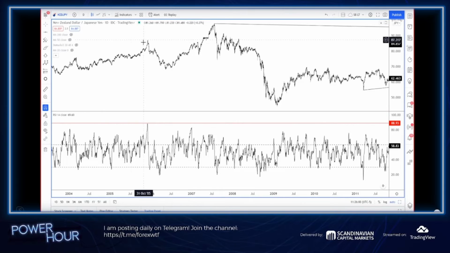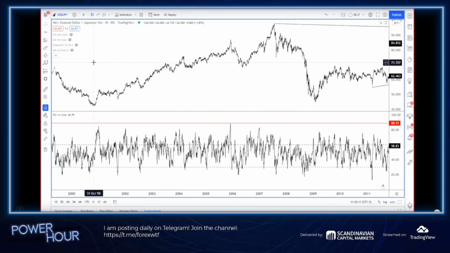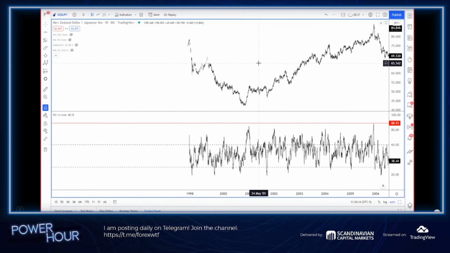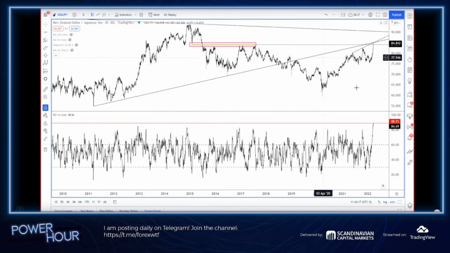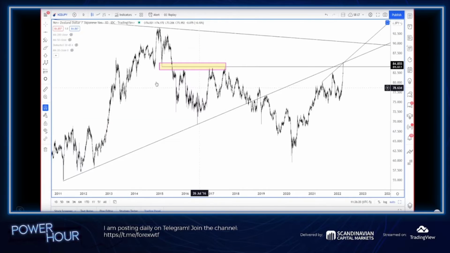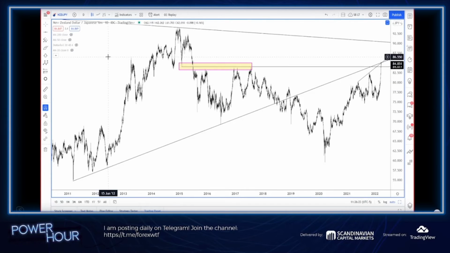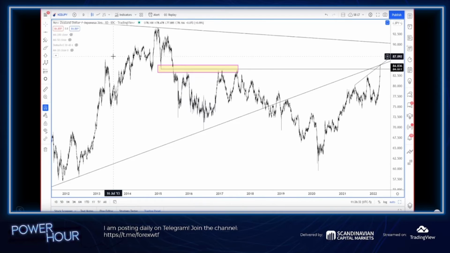And that was 88.23, that reading. And you can see here, at that point, we actually dropped like 9 big figures over the course of like 3 weeks. I'm not saying that's happening here, could, but it's just an observation. An RSI reading on Kiwi yen, this isn't Bitcoin, right? At close to 90, it does seem like maybe a little overdone. Anywho, we shall see. All right, so there's that.